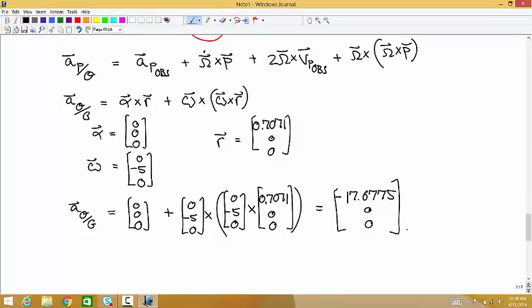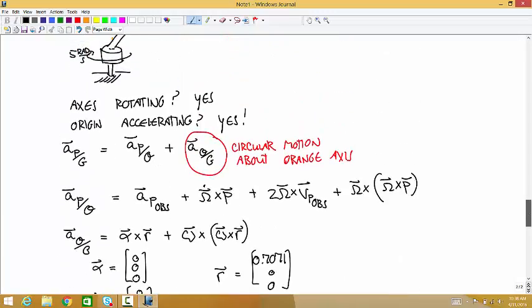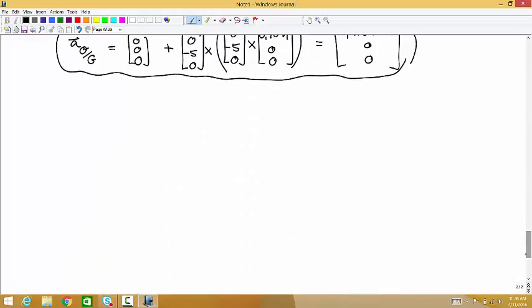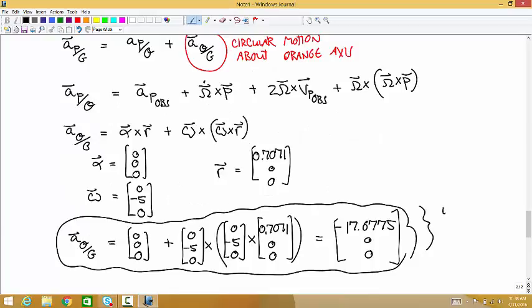Okay, so we're done with this, and we'll set it aside. So we're done with the relative motion part. Now we need to calculate the acceleration of p relative to the origin. So we're using this for the origin accel.